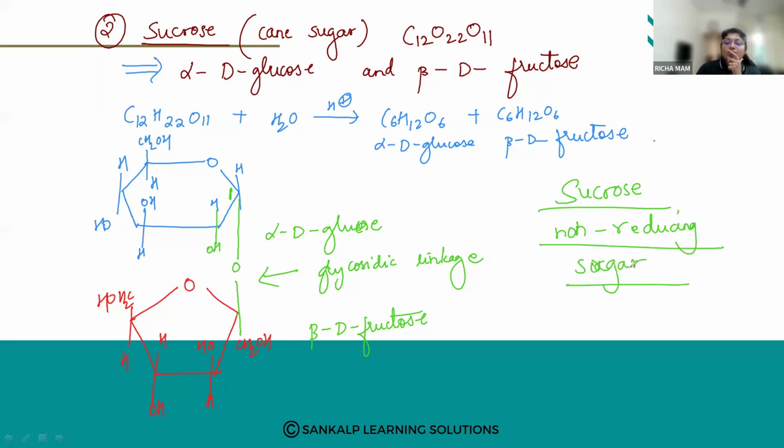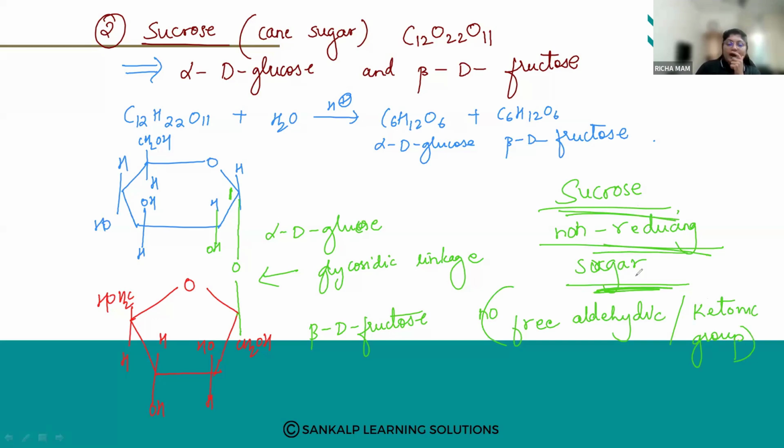Because it cannot reduce Tollens' reagent and Fehling solution, because there is no free aldehydic or ketonic group. Because of this, sucrose acts as a non-reducing sugar and will not reduce Fehling solution and Tollens' reagent.